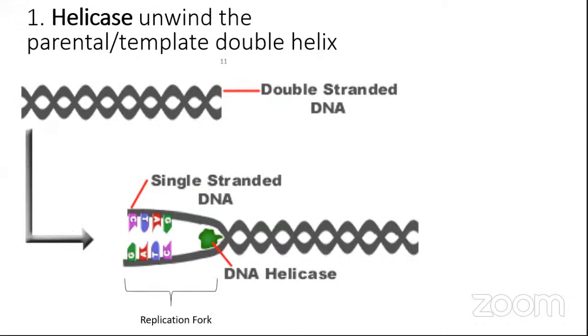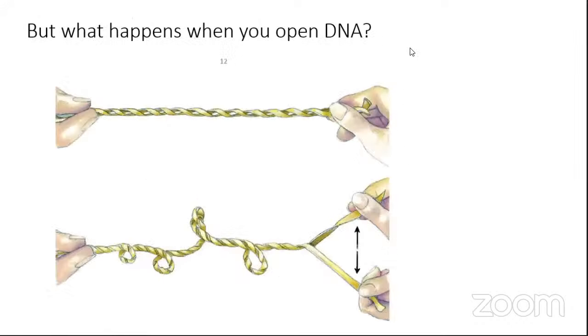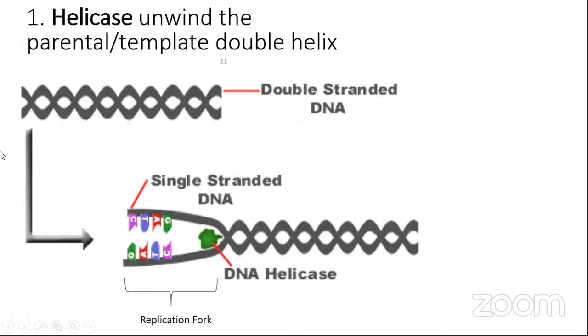So first, what is helicase? Helicase is the enzyme which unwinds the template or parental DNA. Once there is a replication fork, it creates a small gap.